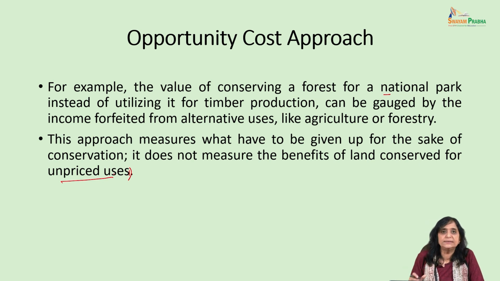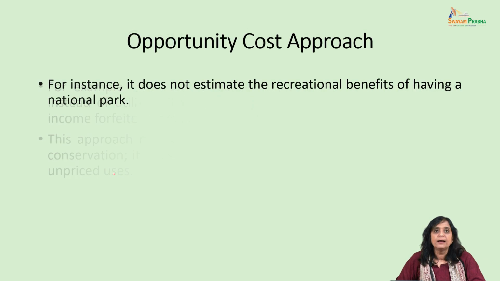For example, in this case, there is a priced use. Selling timber in the market is a priced use. Therefore, we are comparing it with that. Again, we are only talking about priced use and opportunity cost. For instance, in this case, we will not be estimating the recreation benefits of the national park.